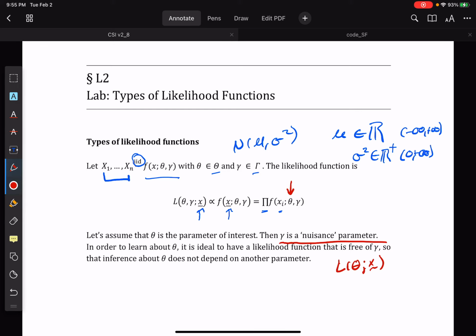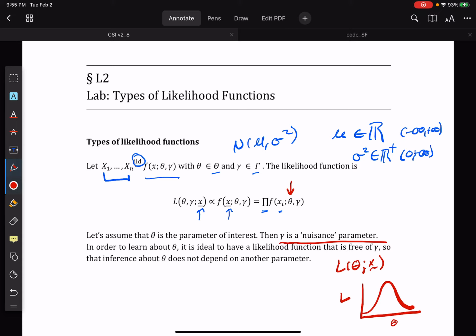Because I don't want to have to specify gamma. I don't know what it is. If I pick something wrong, I could learn different things about theta. So I'd like to get rid of that if I can. So ideally, I'd like something like this. And we drew in class a couple of these functions where L was over here and theta was over here, and we looked at this distribution.